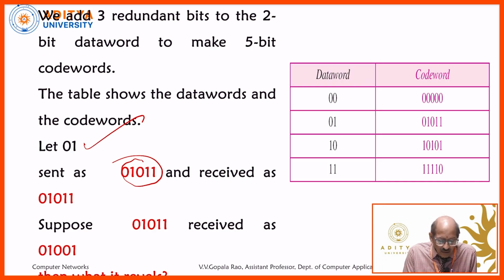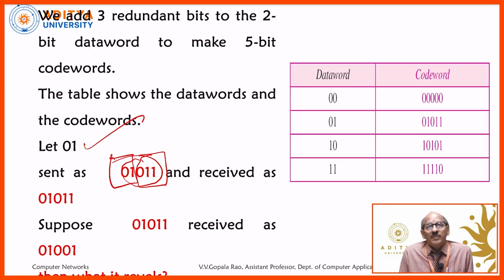In this, the portion 01 is the data part and 011 is the redundant bit part. Both are combined: this is k, this is r, and this is equal to n, which is k plus r. That is why 01 is carried to the receiver as 01011.